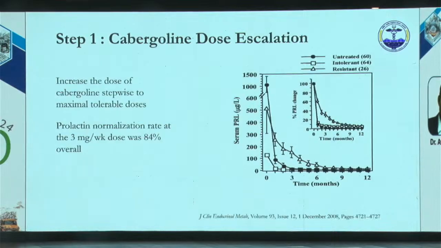Here also you can see the response to the cabergoline therapy is particularly later, but eventually it can happen at a dose of 3 milligram per week in up to 84% of patients. So after switching from bromocriptine to cabergoline, the next step will be dose escalation and to stay at the maximum dose for at least 3 to 6 months to see what is happening. Just don't go on increasing or jumping from dose to dose.